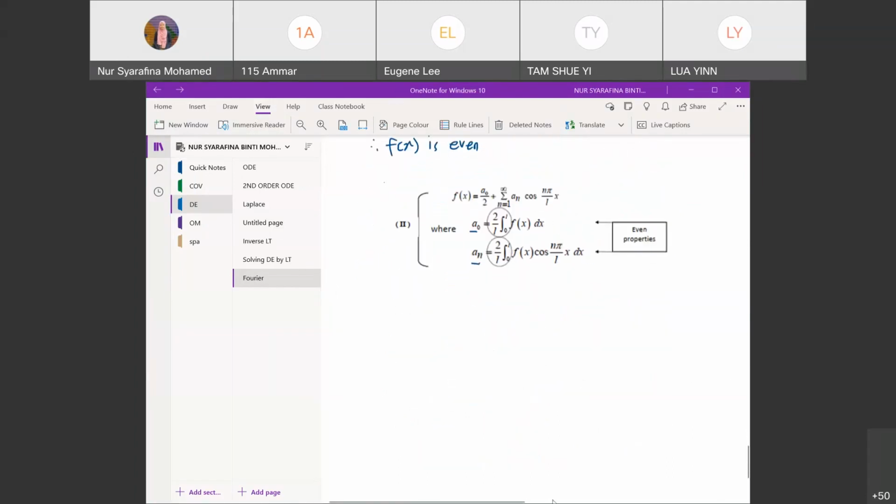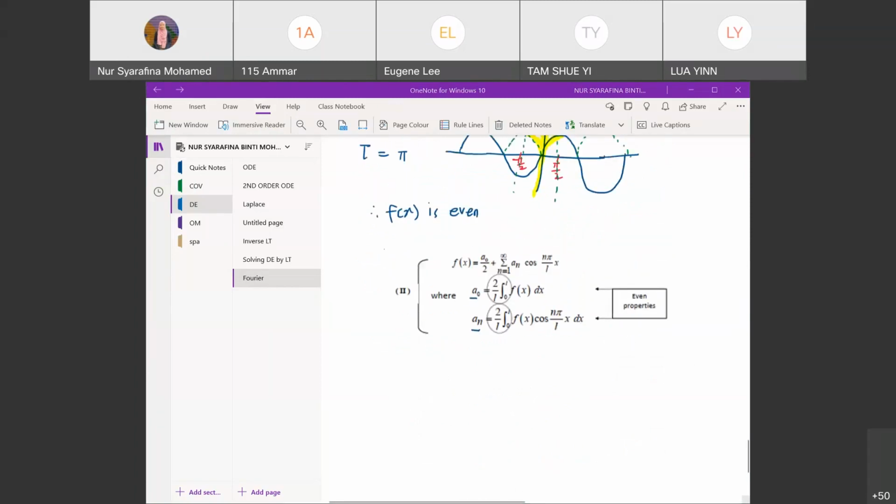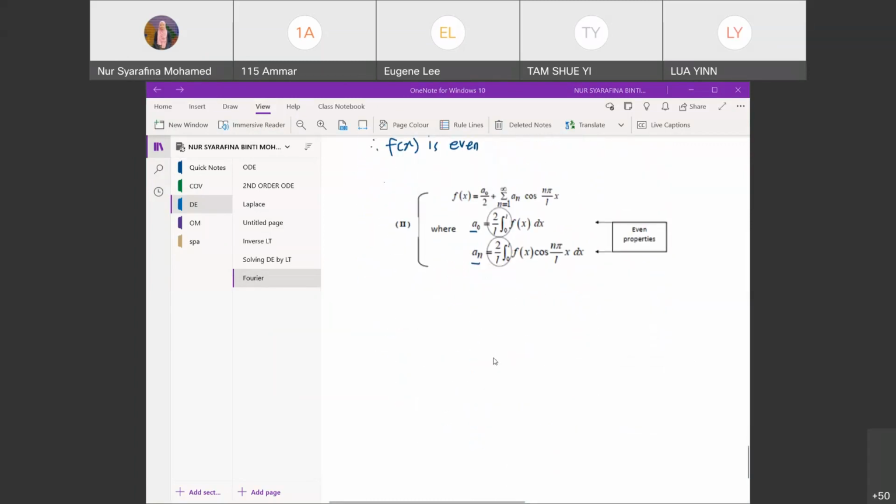All right, so now you know that we have to find a naught and a n. Usually a naught is easy, right? I think everyone has no problem with finding a naught, which equals what? A naught equals 2 over L. L is pi over 2, so we will have 4 over pi, right?